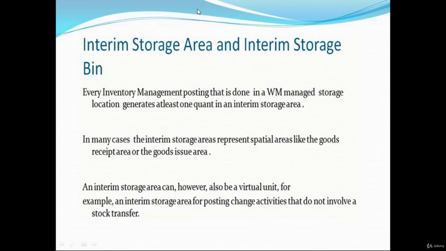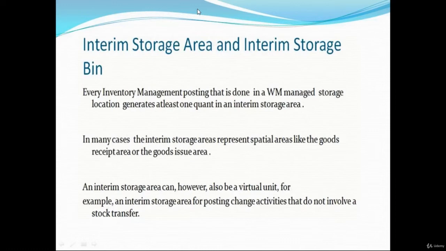For example, in the system we see 100 tons of material, but physically when we checked, it was only 50 tons. Then there is an extra 50 tons of material in the system. Always the quantity of material in the system and physically should be same.